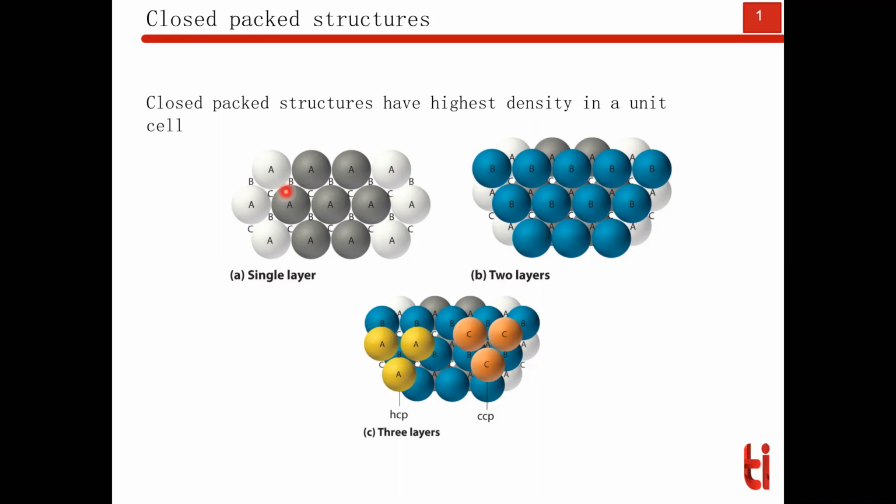So atoms will always sit on the top of the valley. Valley is an empty space that is made by, you can say, if you arrange 3 atoms in a rectangular manner and then put the 4th atom on the top of it.